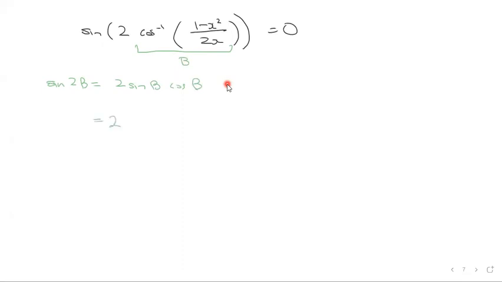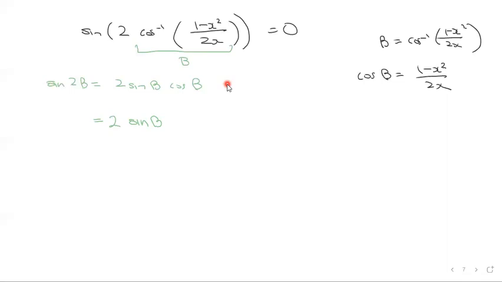So it's going to be 2 times sine of beta, which might be a tad more difficult. Cosine of beta, though, is easy because beta is cos inverse of 1 minus x squared over 2x. So you should be able to see that cosine of beta is just going to be 1 minus x squared over 2x.